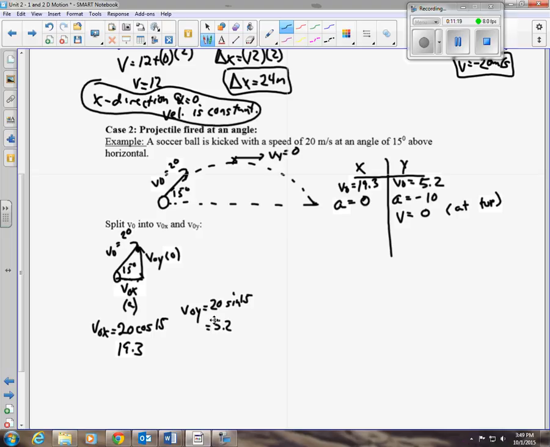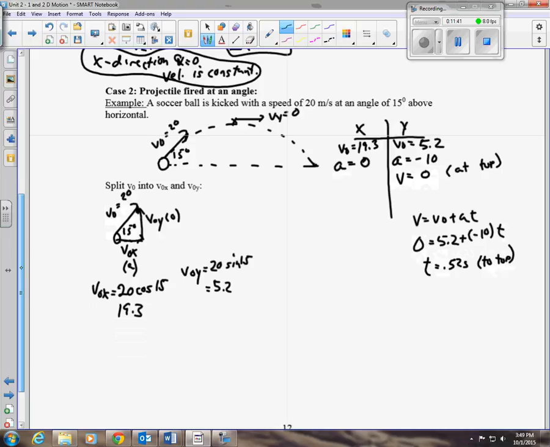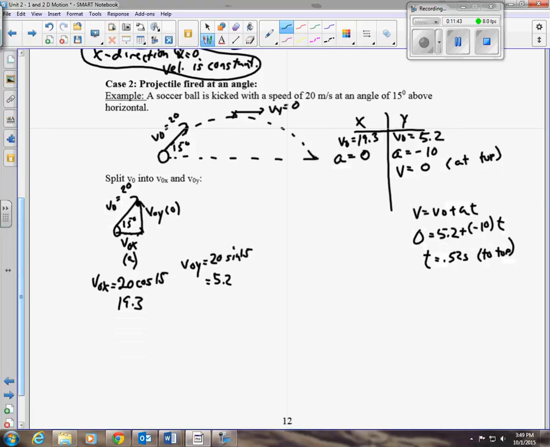Now on the side, I can use that to find time. So V is V0 plus AT. 0 is 5.2 plus negative 10 times T. Now if I solve that, I'll get T is 0.52 seconds. All right. Now I might try something like finding its height at its highest point, the height at the top. So I can say delta y is v0t plus 1/2 at squared.